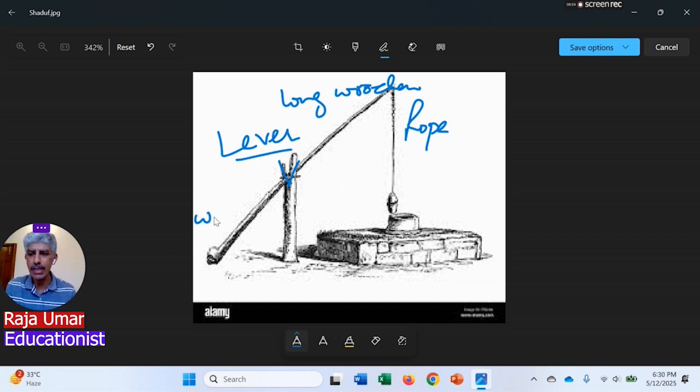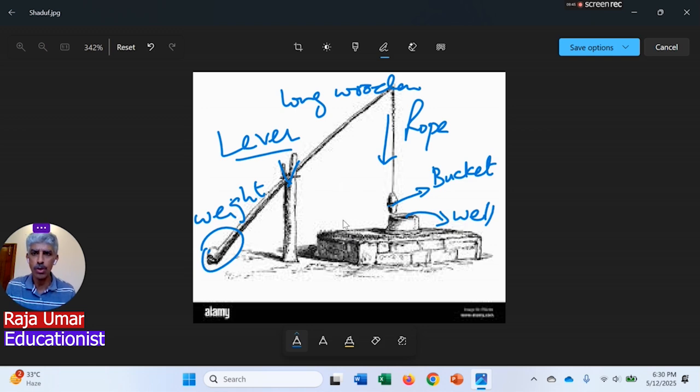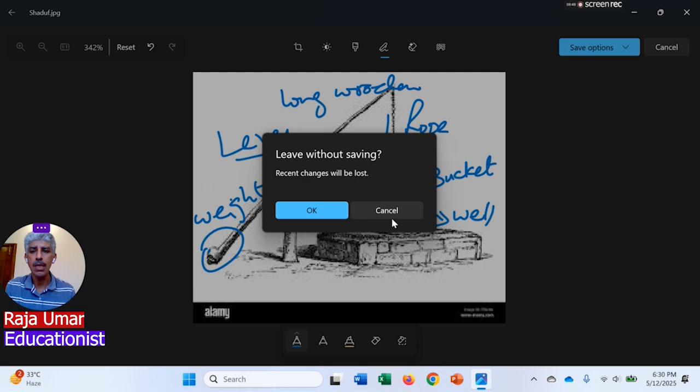Here we have the weight, here we have the bucket, and this is the well. The bucket goes down with the help of this sling, and with the help of this weight it is pulled out and the water is used for purposes. So this is how Shaduf works.